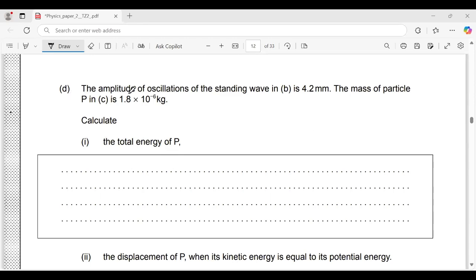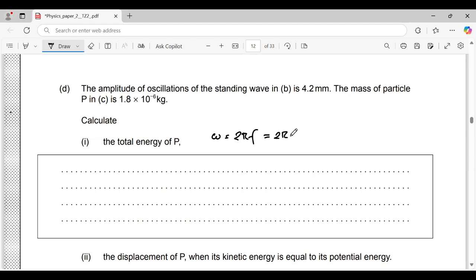E. The amplitude of oscillations of the standing wave in part B is 4.2 millimeters. The mass of particle P in part C is 1.8 times 10 power minus 6 kg. Calculate the total energy of P. We need to find the angular frequency omega first. The omega formula is 2 pi times f, frequency.